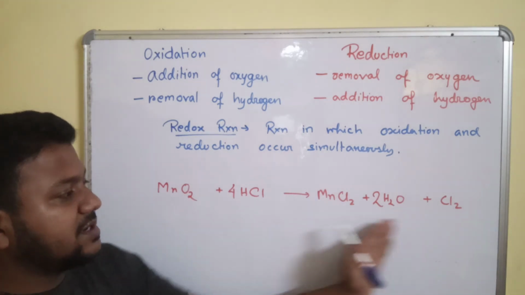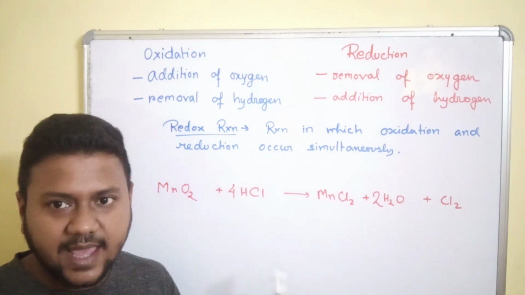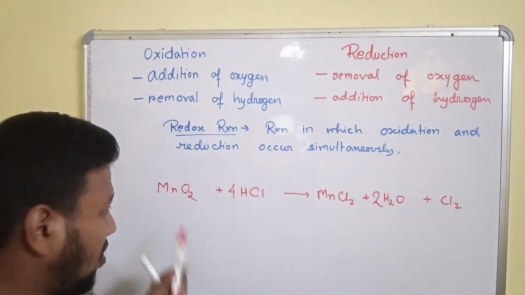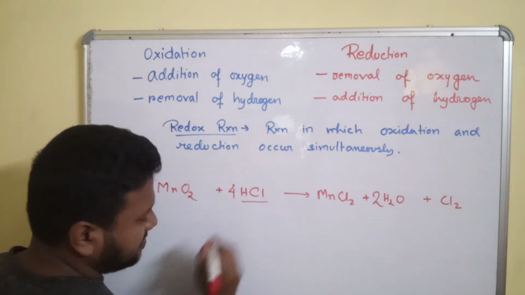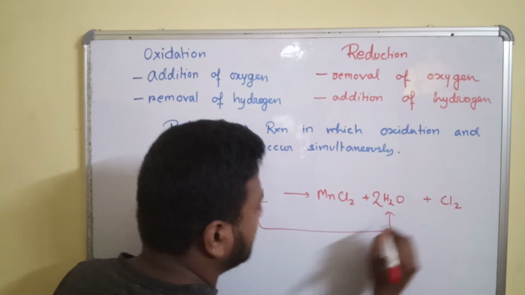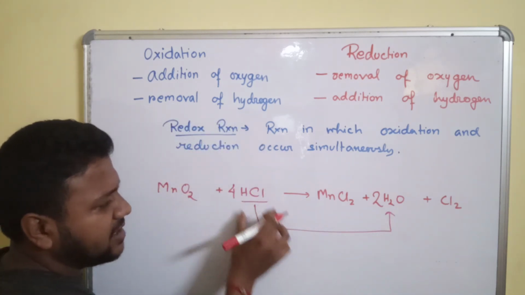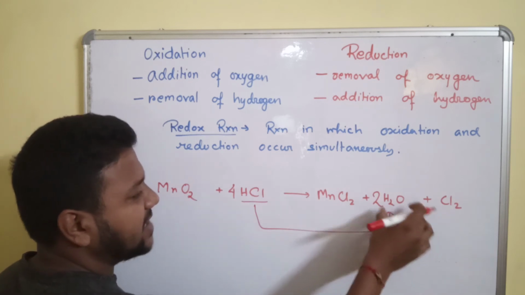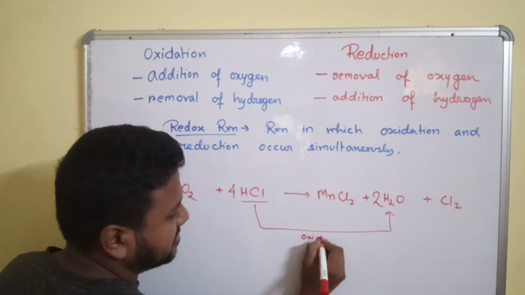So in this particular reaction, we will try to find out the oxidation and the reduction. Where is the oxidation occurring? Let us see. From here, when we move to here, from hydrogen chloride to H2O, there is an addition of oxygen. So it will be called oxidation.